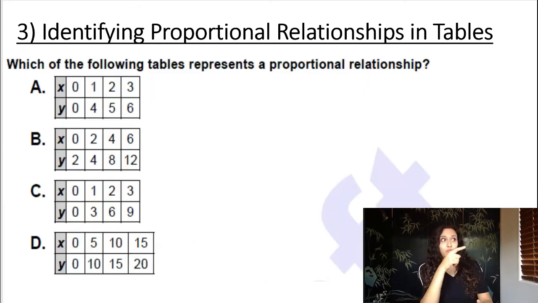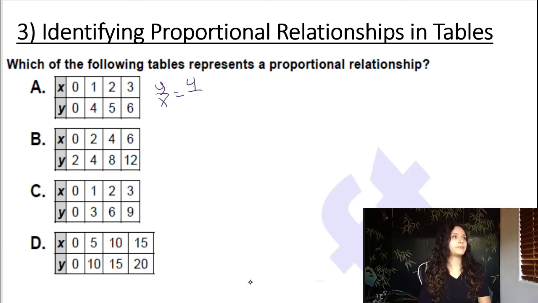All right, let's look at this one. Identifying proportional relationships in tables. Which of the following tables represents a proportional relationship? We have to check each point, each set. We can do y over x or x over y. It does not matter, but let's get in the habit of doing y over x. So if I do y over x, I have to check each point.